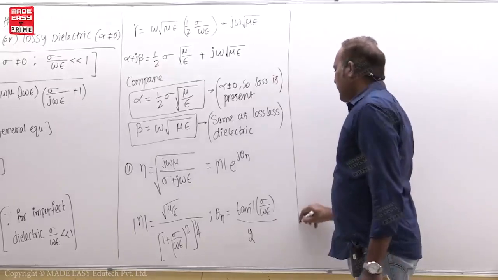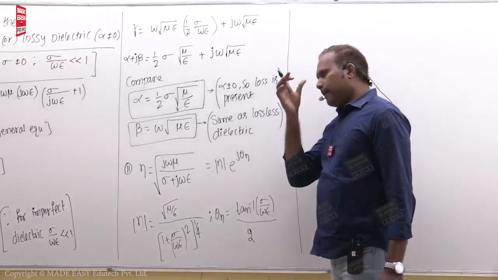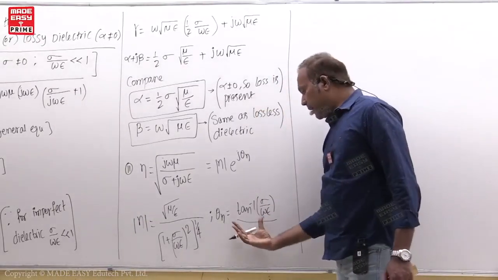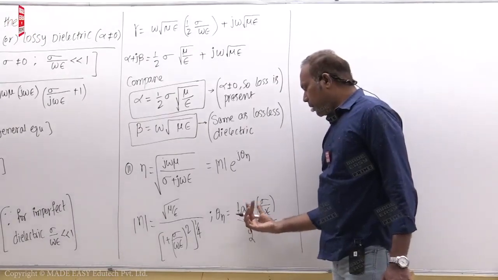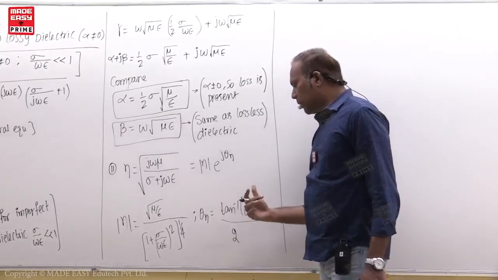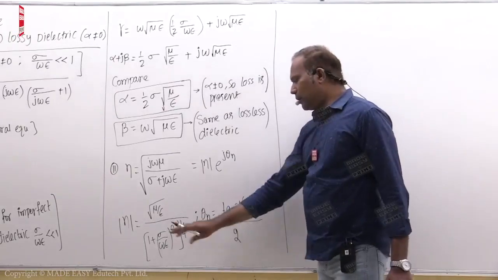I am not putting them in the box. Already in the previous classes, I kept this in the box. Tan 2 theta eta is equal to sigma by omega epsilon, and no need to remember this one.